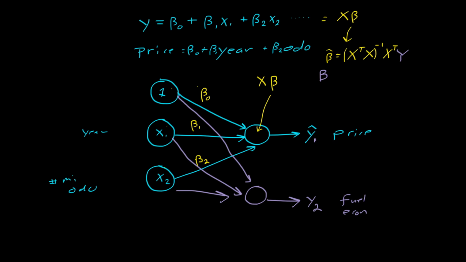This other model that I've slapped on top of my old one is going to have its own set. Maybe I'll call this beta 0,1, beta 1,1, beta 2,1. And these are just the coefficients that you would get if you fit a model just like this, except instead of price, you just put fuel economy.